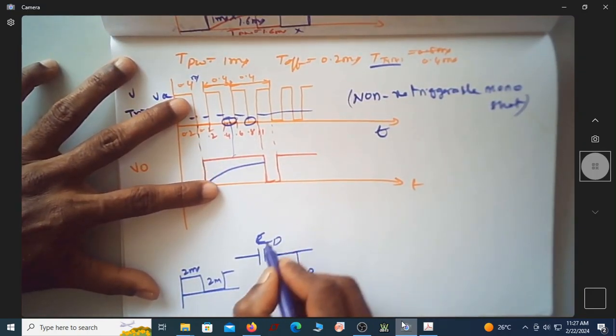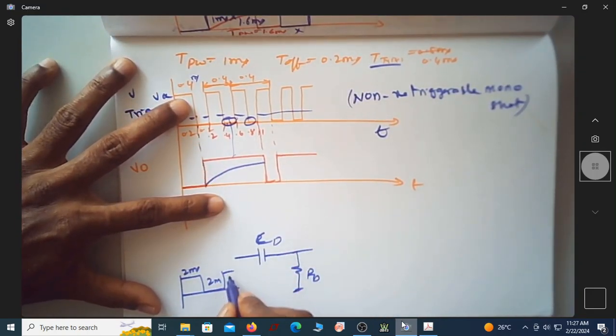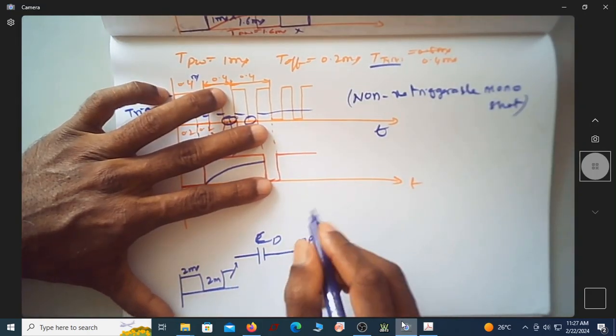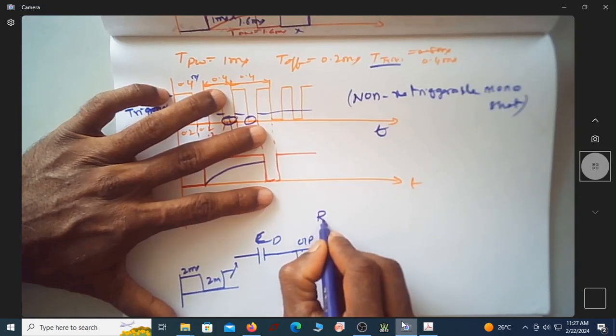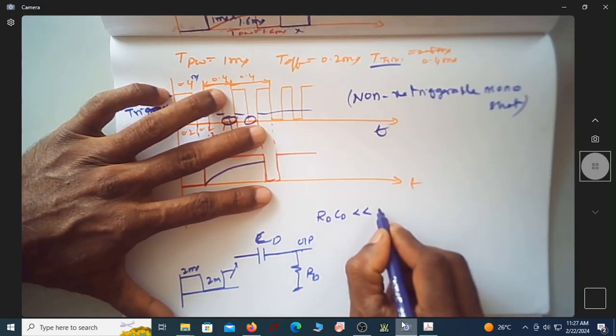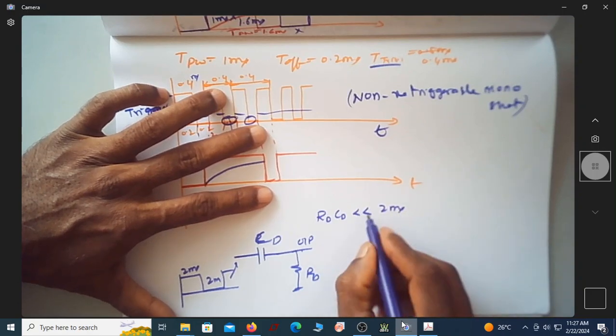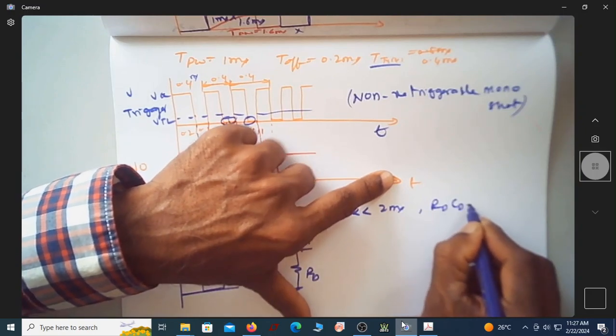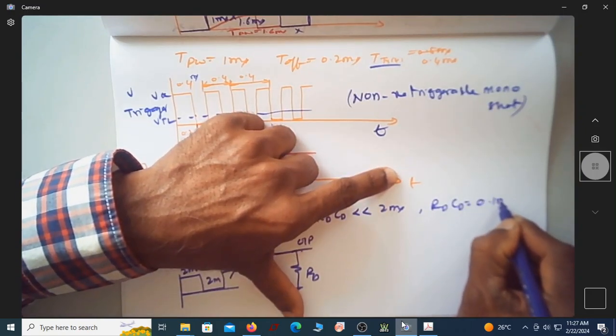Now if this is the input, if you want to see what is the output, let us assume that RD into CD, the time constant, should be far less than 2 millisecond. So let RD into CD be equal to 0.1 millisecond.